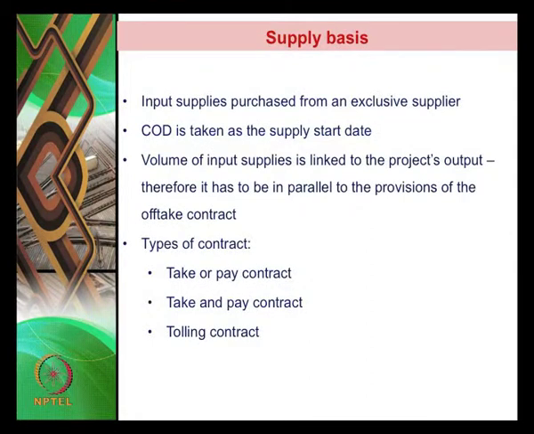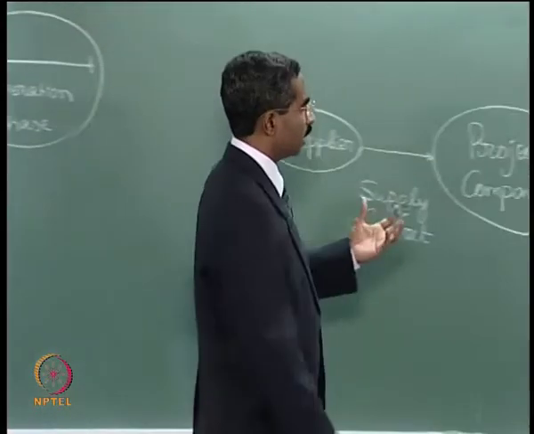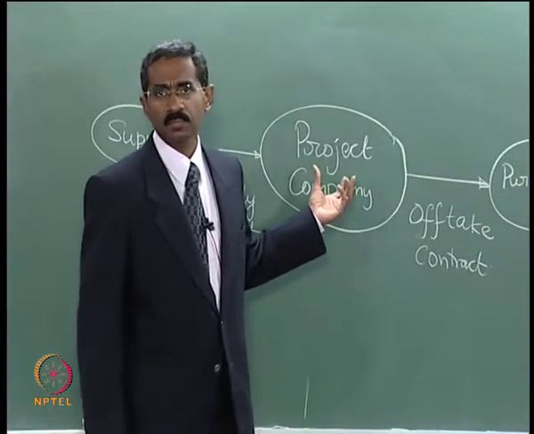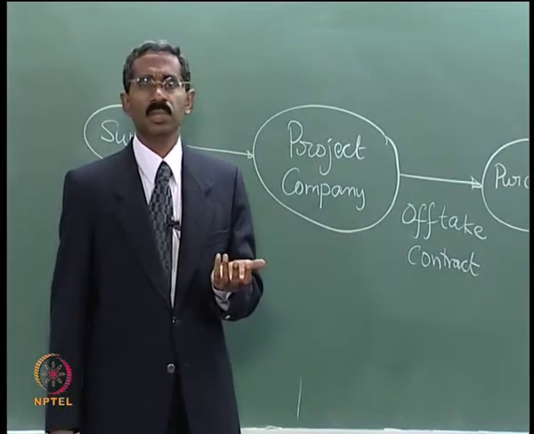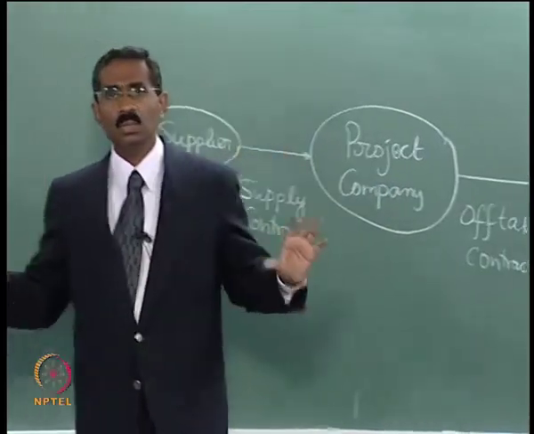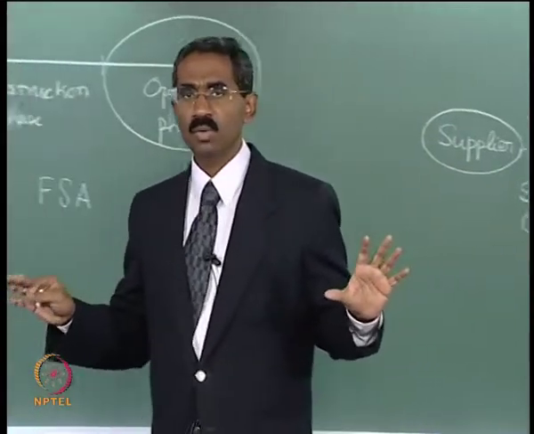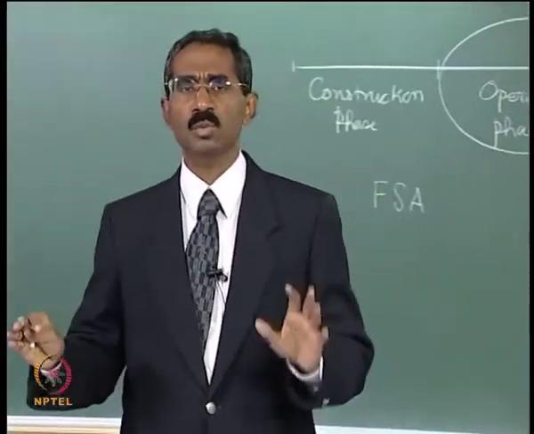On what basis are the inputs going to be supplied? So the supply basis. First thing you need to look at, input supplies are purchased from an exclusive supplier. So let us say if the project company is in power generation, and if it wants to purchase coal, then all the coal needed for this project is purchased exclusively from one supplier.